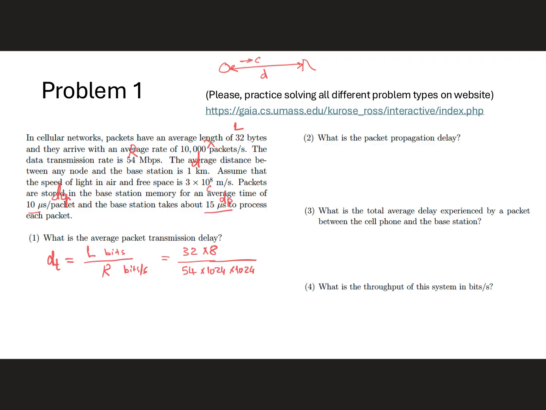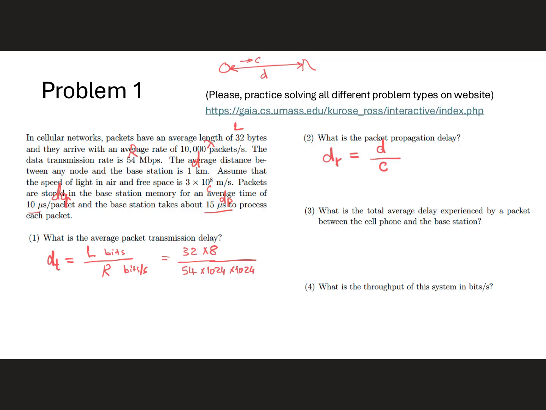And the next question says, what is the packet propagation delay? So let's call it DR, the propagation delay, is equal to the distance, D, divided by the speed of propagation, C in this case.